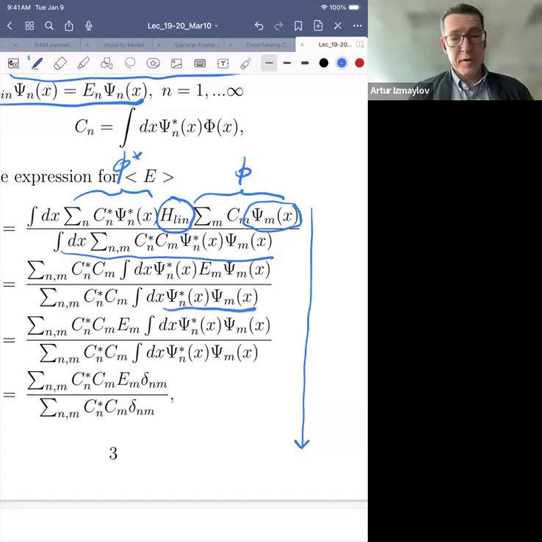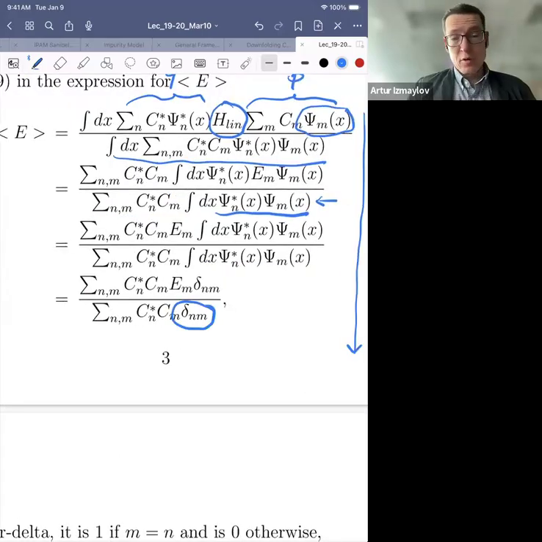We've proven the theorem. I'm not going to prove it again. Please look at the notes. And that explains why we have these symbols here, essentially because of orthonormality of our eigenstates for the Hamiltonian.